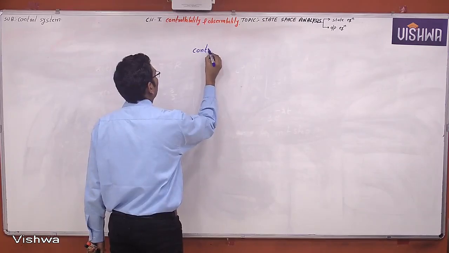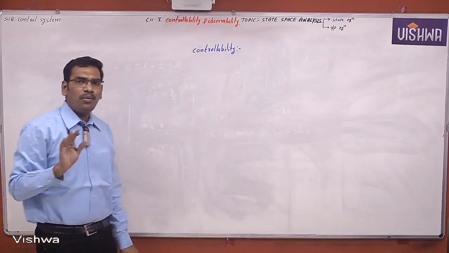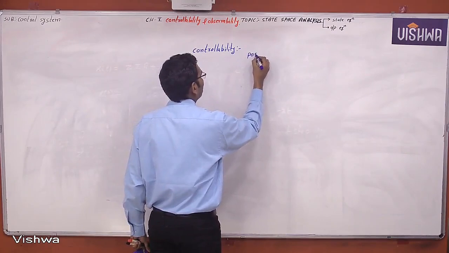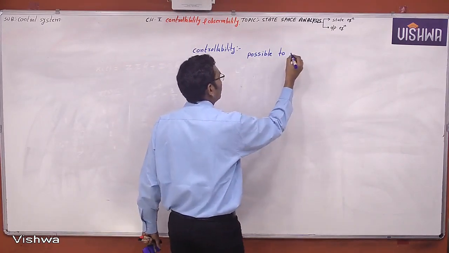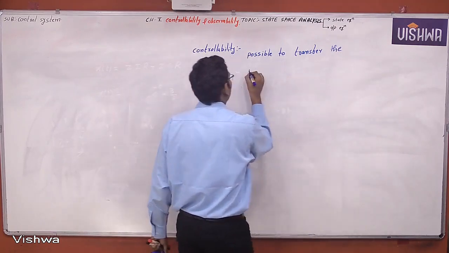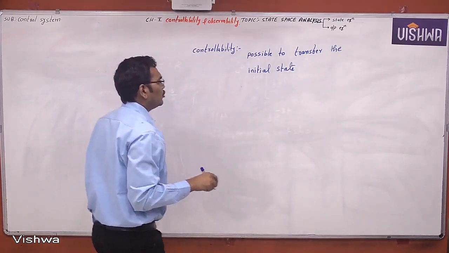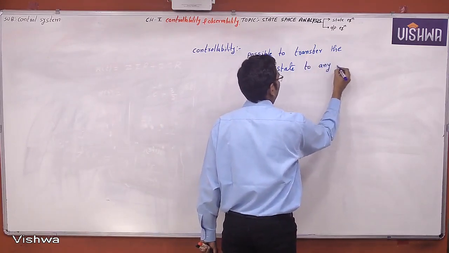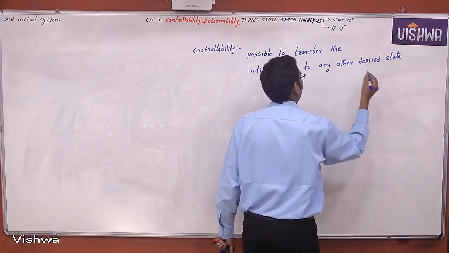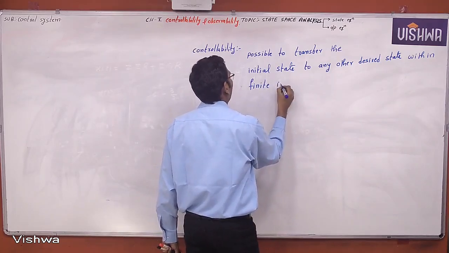Controllability means a state space model is said to be controllable if it is possible to transfer the initial state to any other desired state within a finite interval of time.